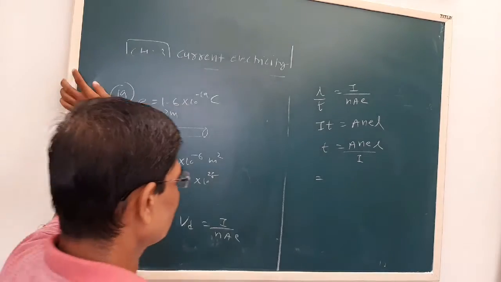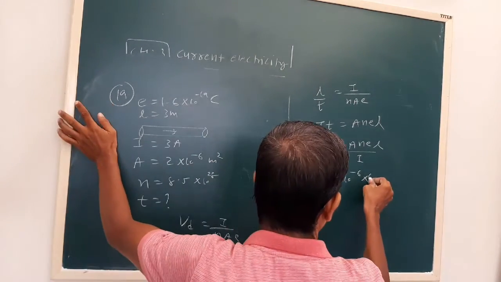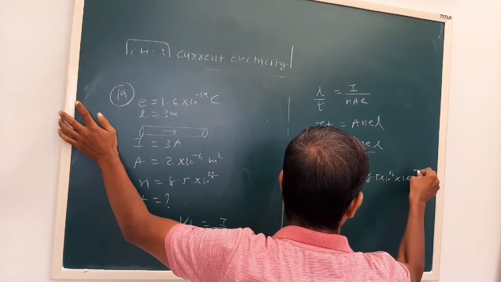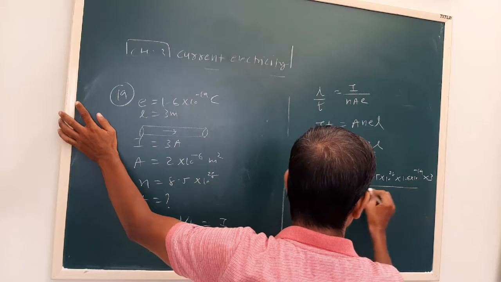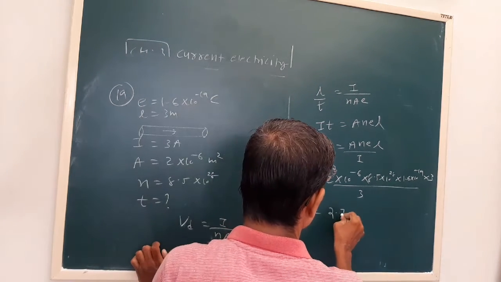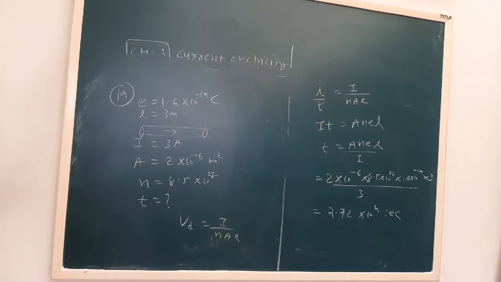Area is 2 into 10 to the minus 6, number density 8.5, e is the charge of the electron, length is 3, current is also given. So if you solve, you will get the value 2.72. Okay, so this is how we can solve.